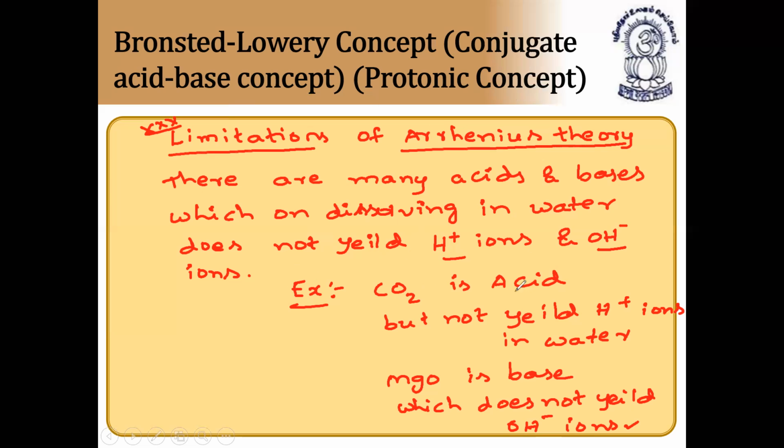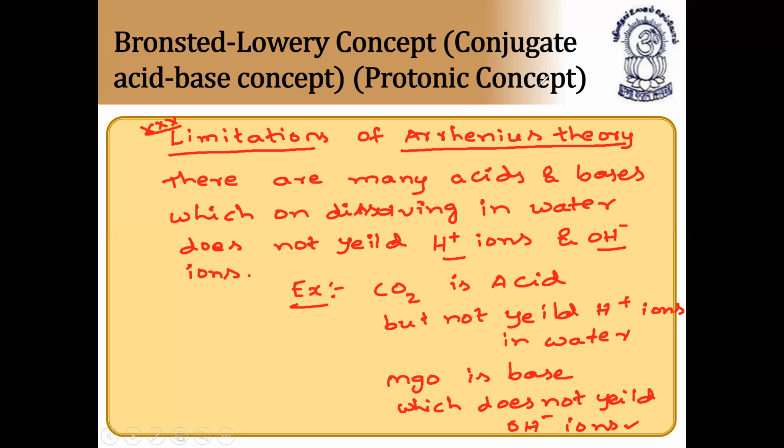Example, carbon dioxide is an acid but does not yield H plus ions in water. Magnesium oxide is a base which does not yield OH minus ions. According to Arrhenius theory, an acid is a substance which always yields H plus ions in water, and a base is a substance which always yields OH minus ions in water. So that's why this theory is ruled out. This is the main limitation of Arrhenius theory. I hope you have copied it in your classwork.